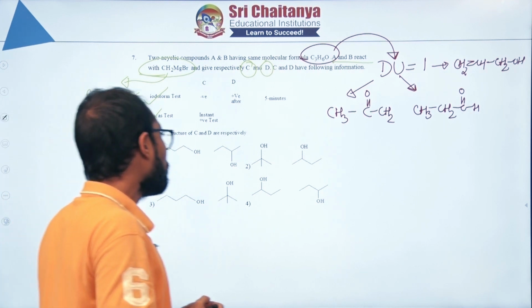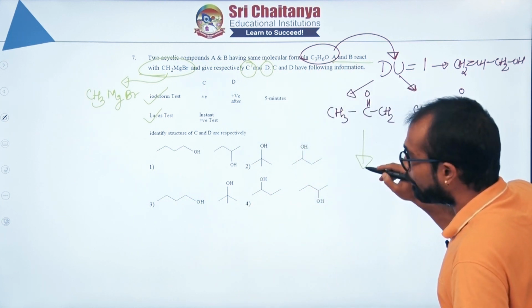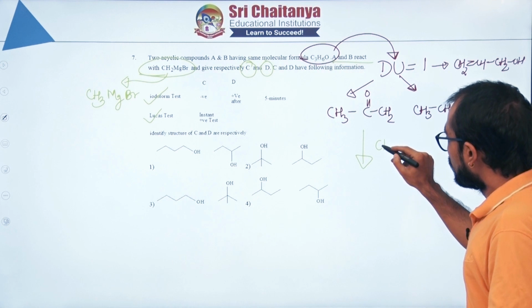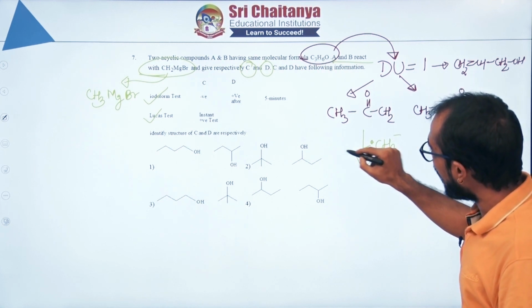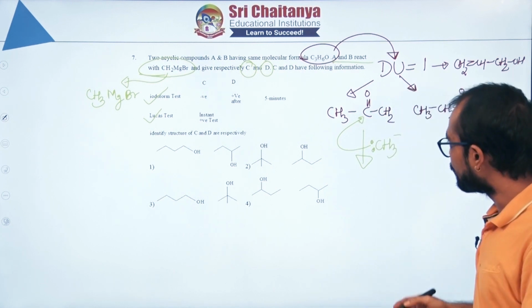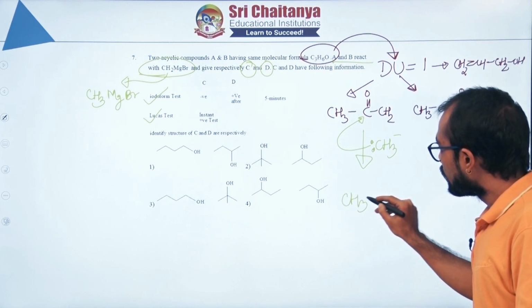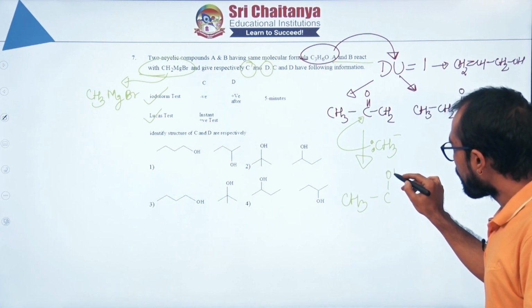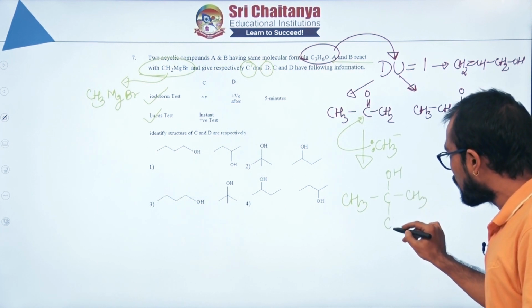Now, please understand, people, what is going to happen with Grignard? This is the nucleophile, right? This is going to attack at this particular carbon, and finally you are going to get an alcohol at that particular carbon. So, I am drawing the product. And we are going to get a 3-degree alcohol.